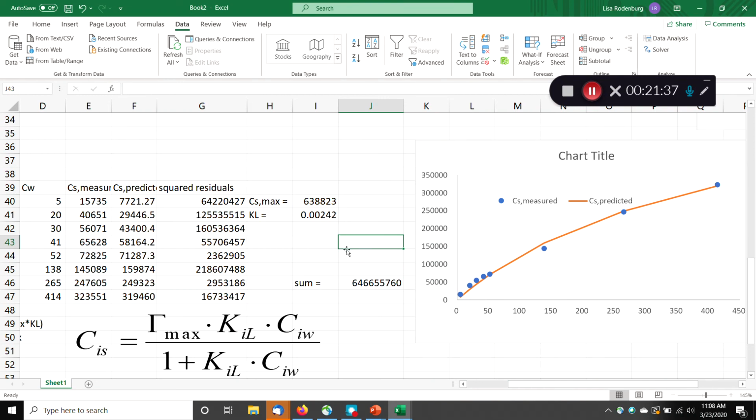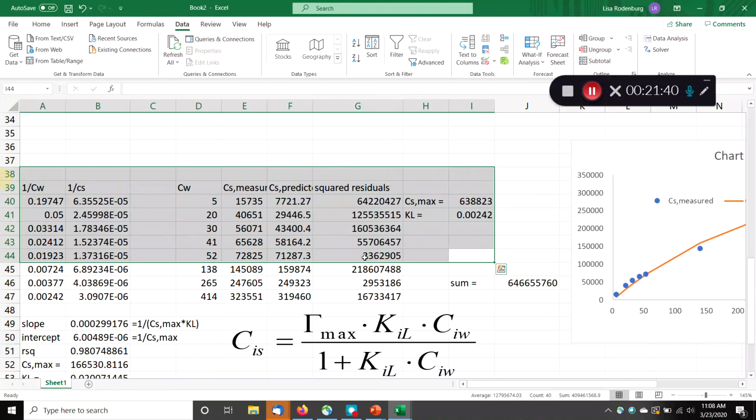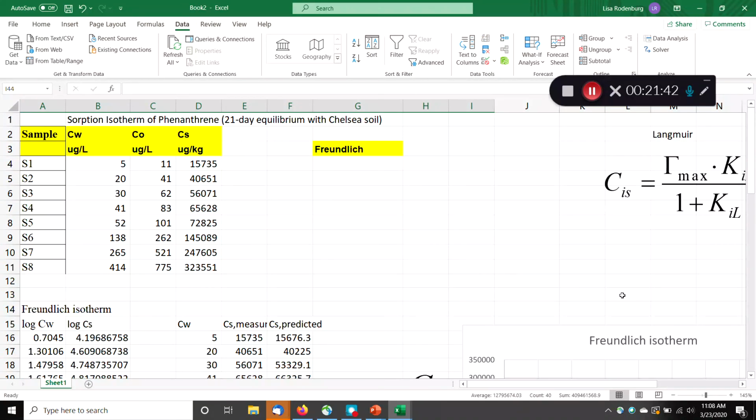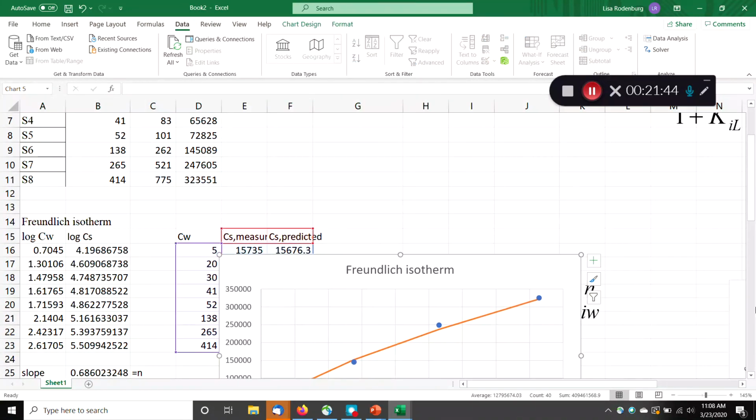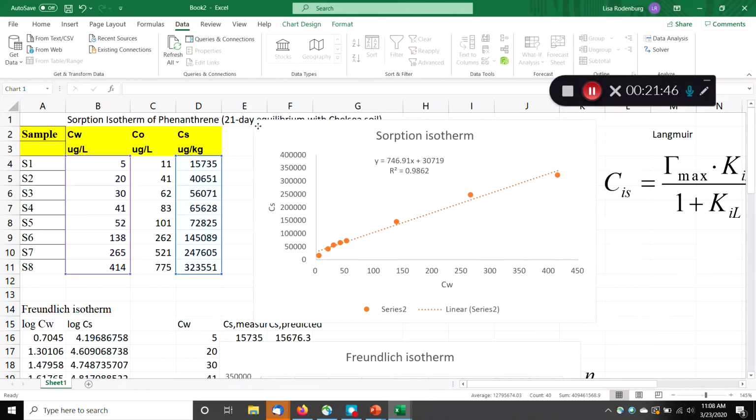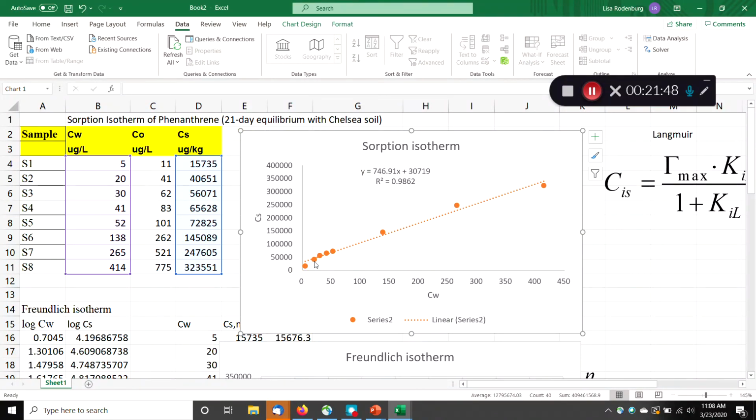But why does this happen? Well, if we go back to our original isotherm, here it is. If we truly thought that this was a Langmuir isotherm, remember L for Langmuir, L has an L shape like that. So you need to continue these concentrations out until they level off.